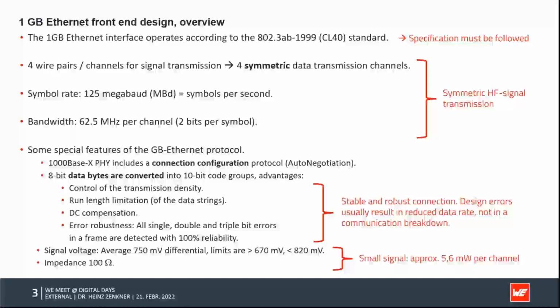So there is control of the transmission density, the run length limitation of the data strings, and the DC compensation so that the transformers don't go too much into saturation. We will talk about this very soon. And there is a quite sophisticated bit error correction inside, which altogether means we have a very, very stable and robust connection.